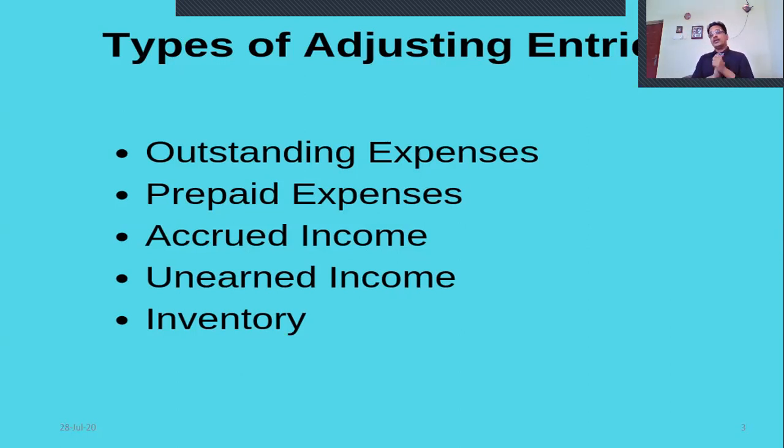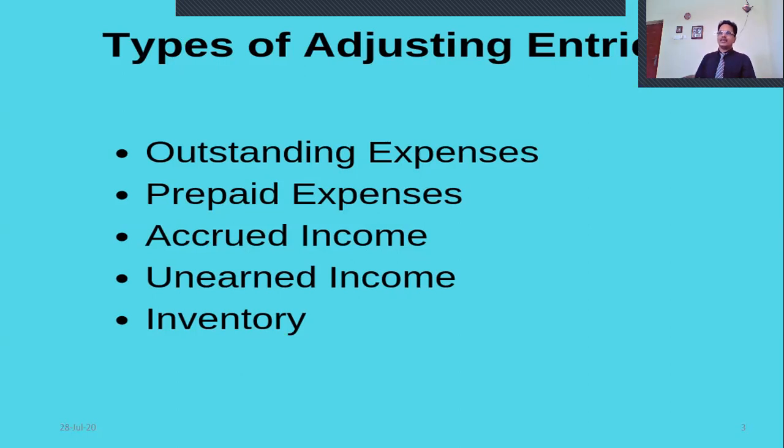So now what is the entry for that? When you receive income, debit cash. Cash is to be debited, as income is coming in. Then unearned revenue, that liability, is to be credited. Don't credit revenue or sales revenue or service revenue, because if you credit revenue, it is considered an income.